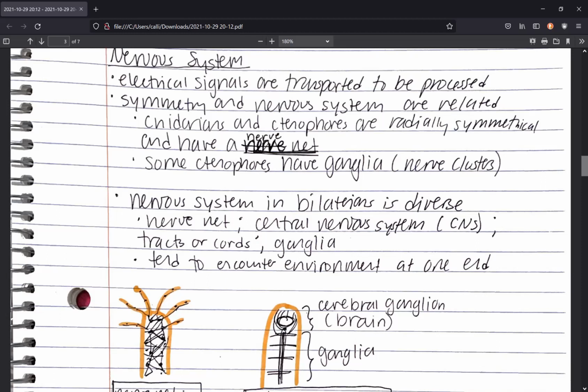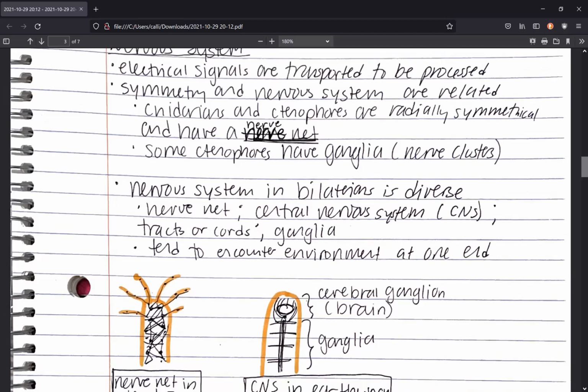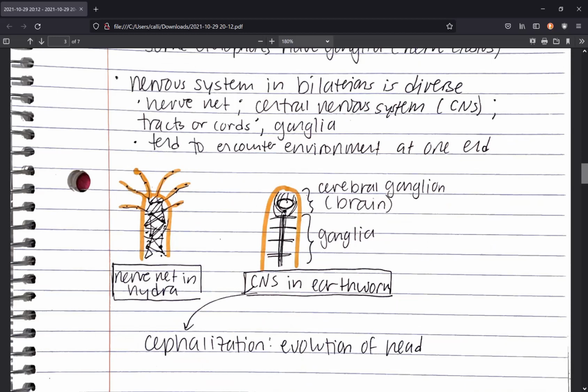Cnidarians and ctenophores are radially symmetrical and have a nerve net, but some ctenophores have ganglia, which are clusters of nerves. And the nervous system in bilaterally symmetric animals is diverse. They could have a nerve net, they could have a central nervous system, a CNS.